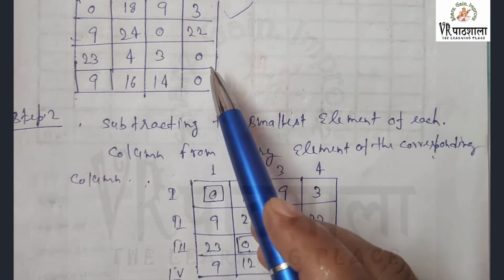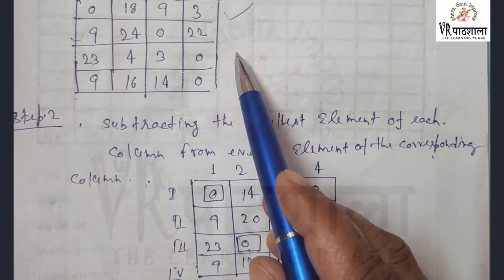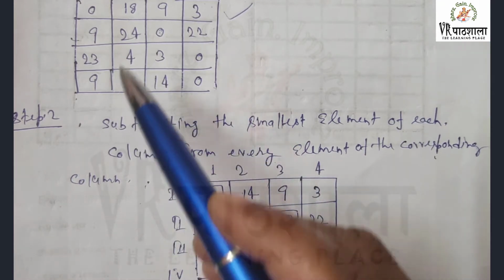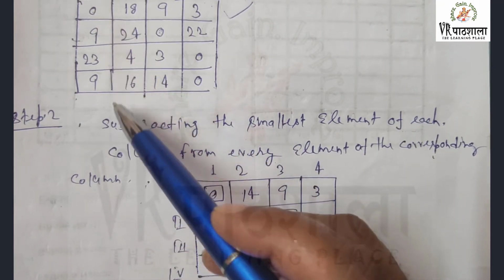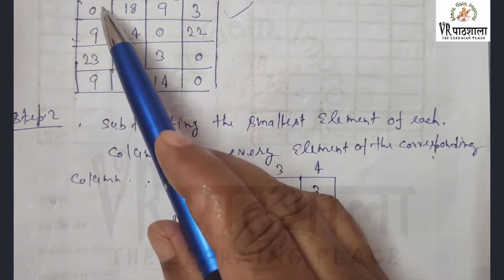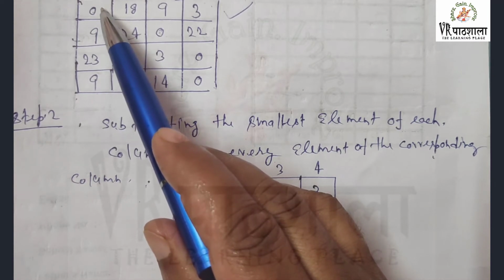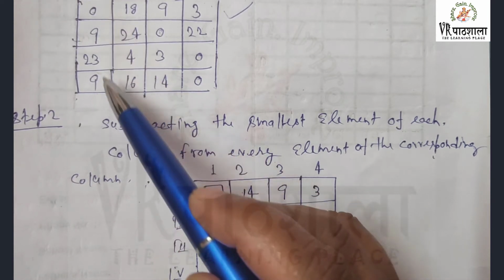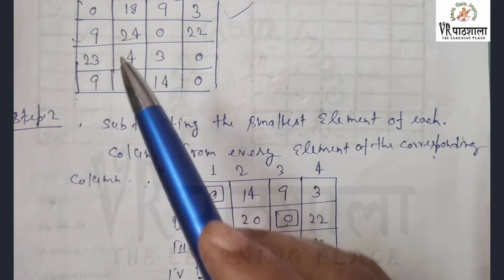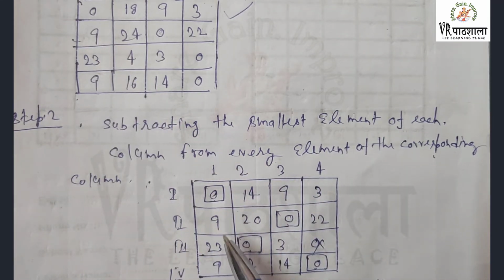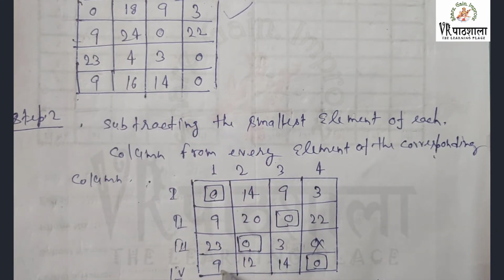Now the table of step 1 is given. Here in the first column, the smallest element is 0. So we subtract 0 from the first column. We get the same entries 0, 9, 23 and 9.